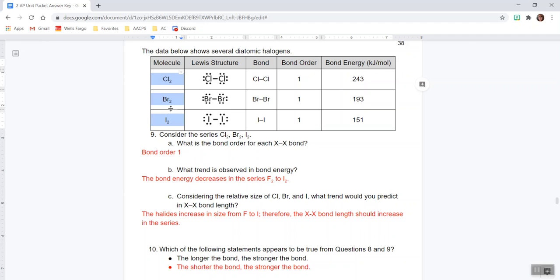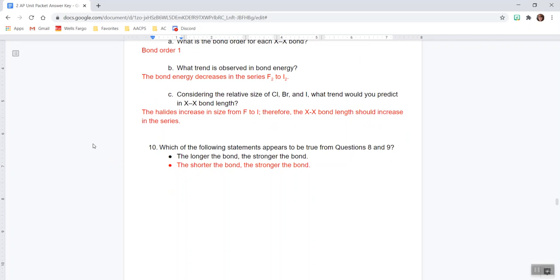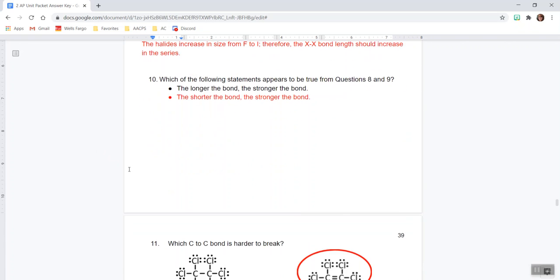And in that equation for Coulombic attraction, the bigger the distance is, the smaller the attraction. So we can see that those require much less bond energy to remove them from that attraction. So the shorter the bond, the stronger the bond. The more energy is required to break it.